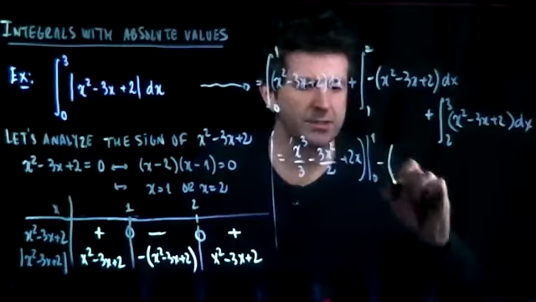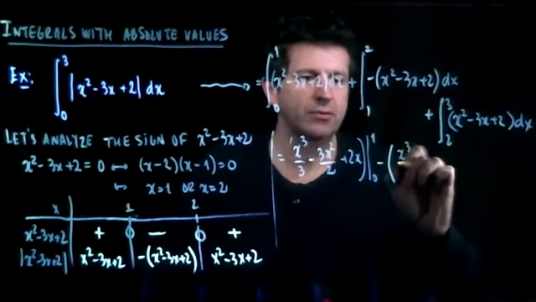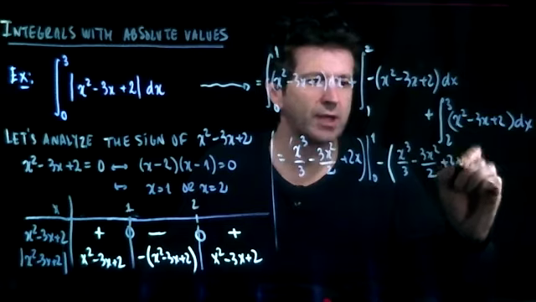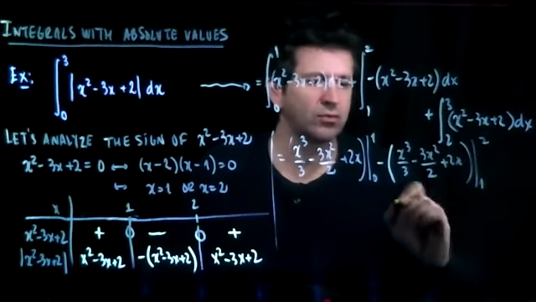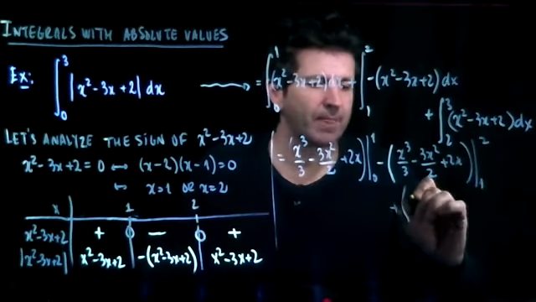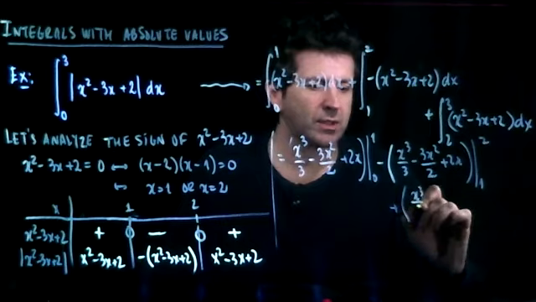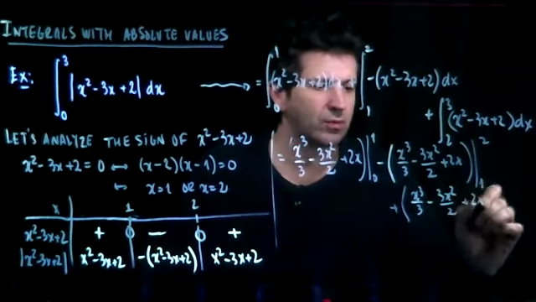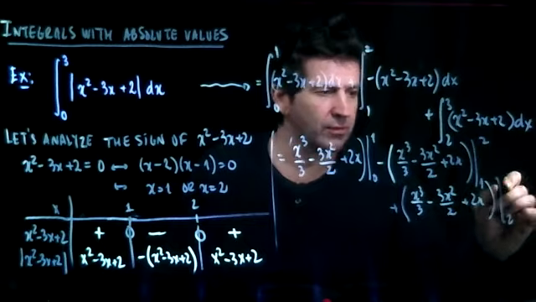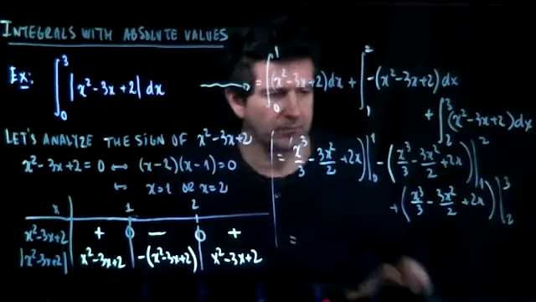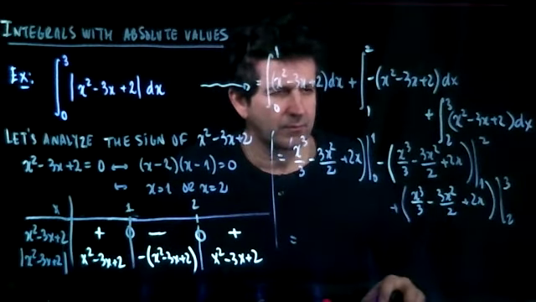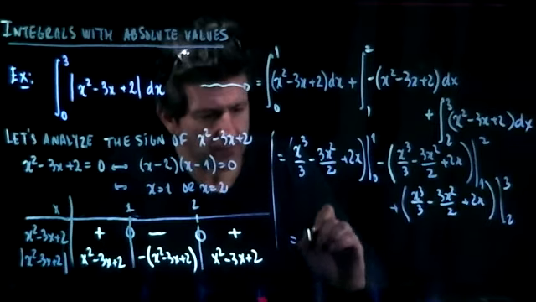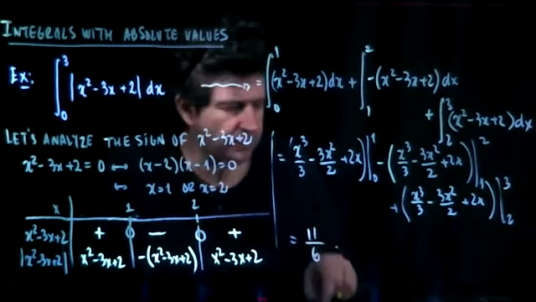Then minus x^3 over 3 minus 3x^2 over 2 plus 2x from 1 to 2, and plus x^3 over 3 minus 3x^2 over 2 plus 2x from 2 to 3. Equals 11 over 6.